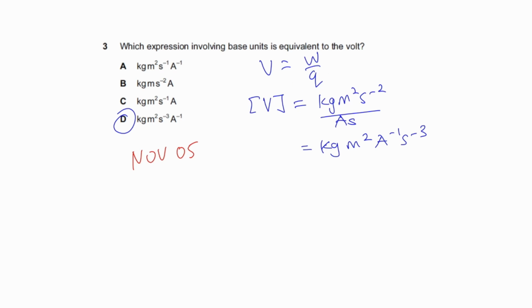If you want to convert this into base units, the square bracket means the base units of V. W is energy or work done, so that's kilogram meter squared s minus 2. Q is equal to It, so you change it to ampere second. In the end, we will get the base units of V as kilogram m squared A minus 1 s minus 3.